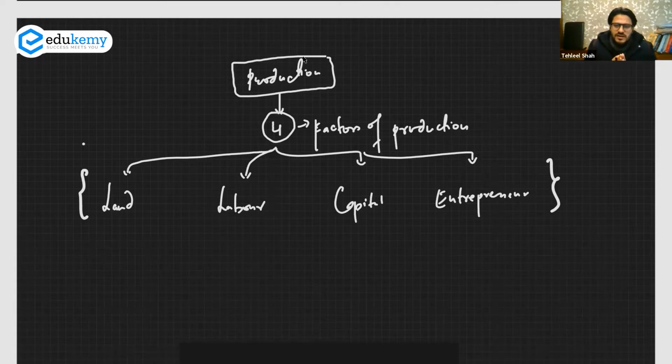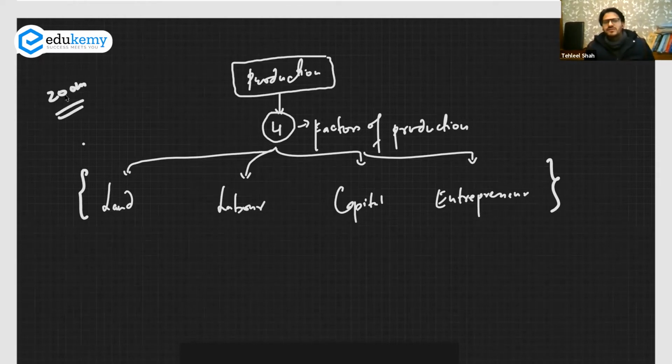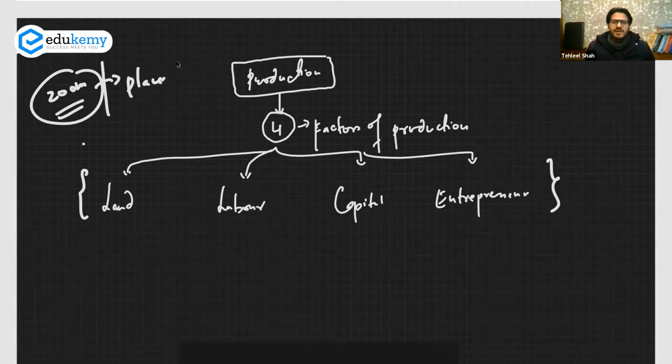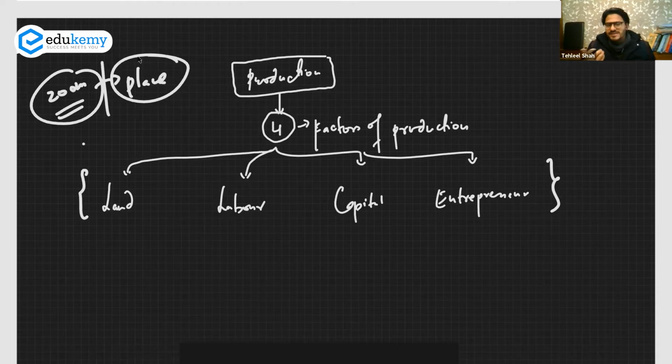Now, for this service that I'm giving you, the first thing that I require is, for example, the services of Zoom. When you give an offline lecture, you have a place where you give the lecture. Likewise, Zoom is the place where you are giving these online services.